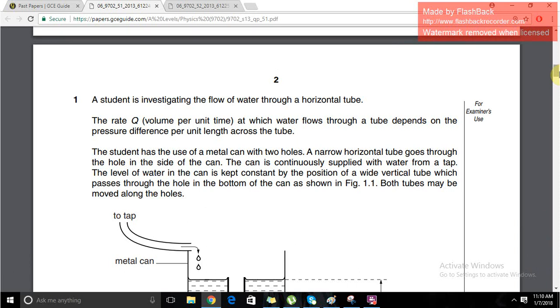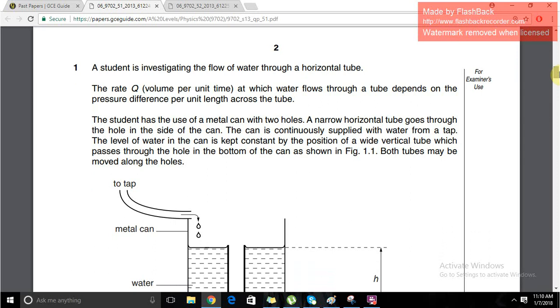Analyze the question statement, the diagram given, as well as the equation to identify any variable that would need to be standardized or measured, or both.